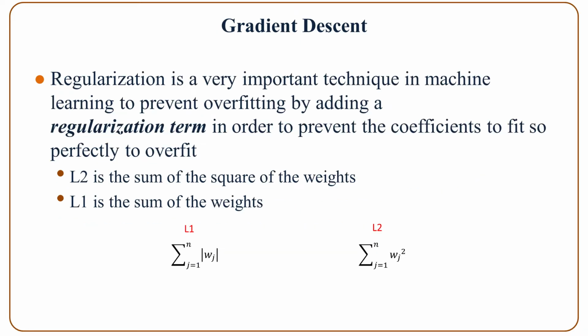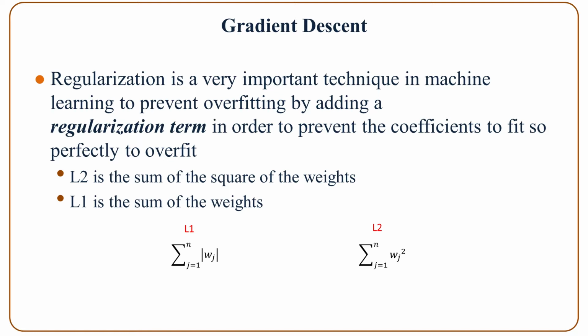Now we talk about regularization. Regularization is a very important technique in machine learning and more specifically in optimization to prevent overfitting by adding a regularization term in order to prevent the coefficients from fitting so perfectly that they overfit.